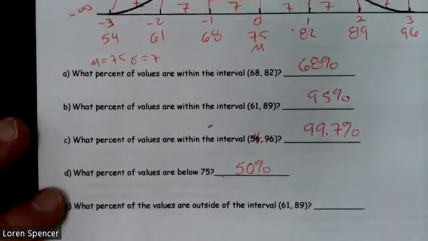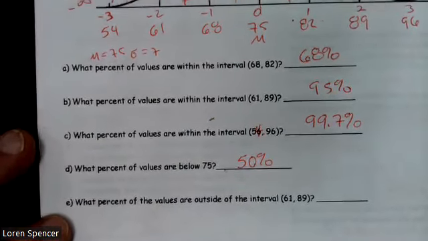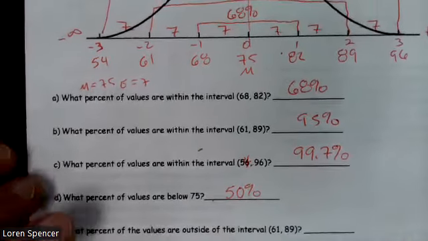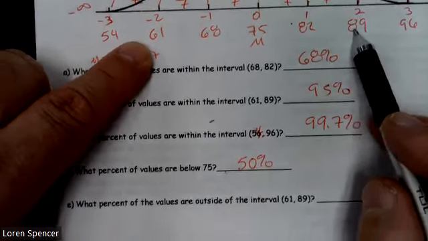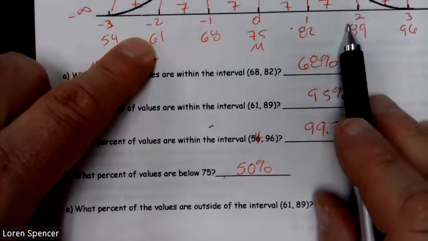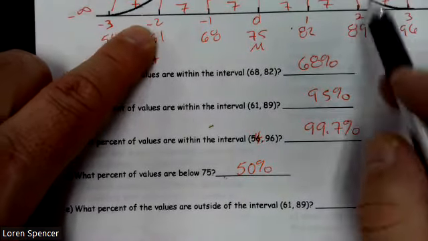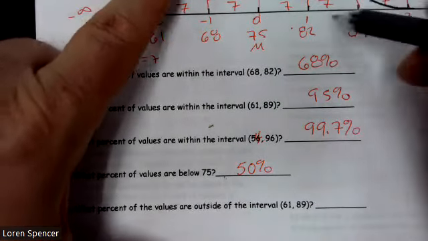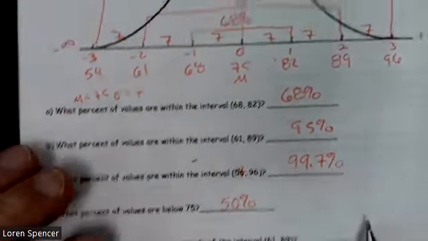Then it says, what percent of values are outside of 61 to 89? Well, 61 to 89 is 95%. So 95% is inside of it, but we want what's outside.